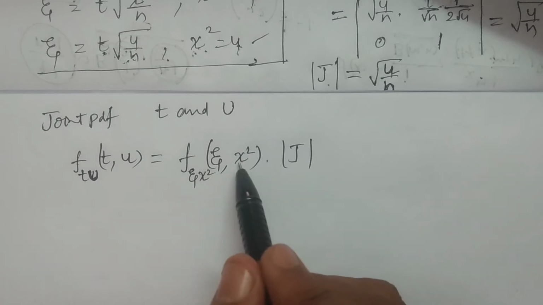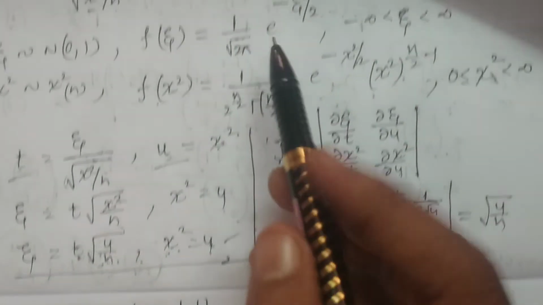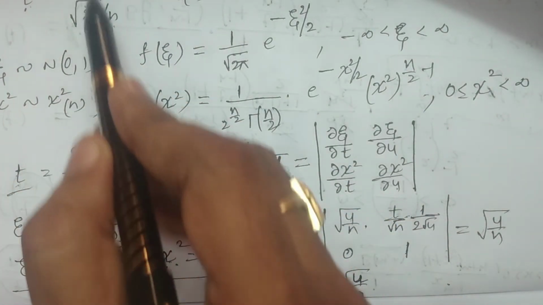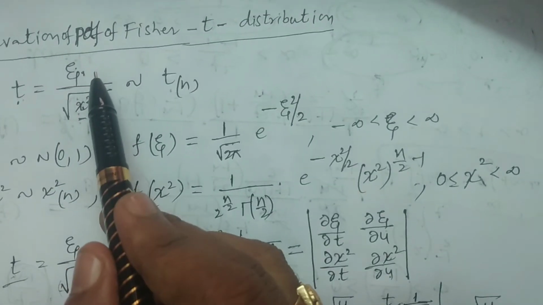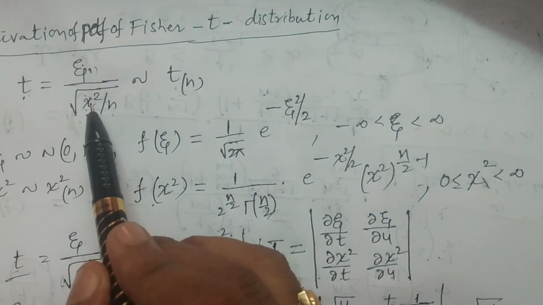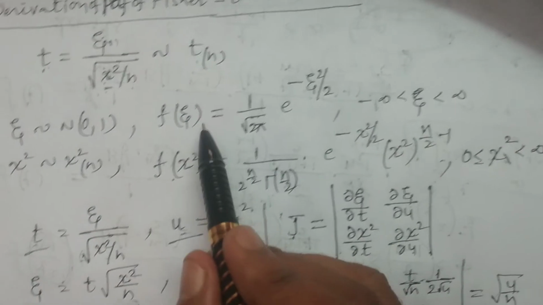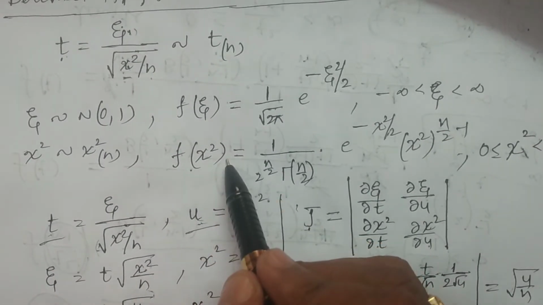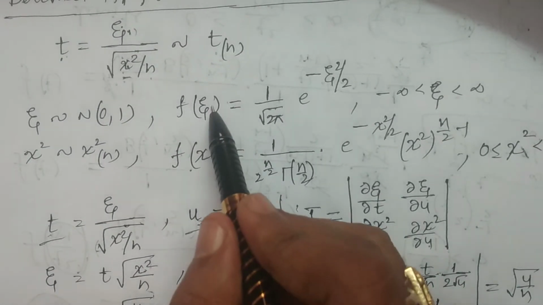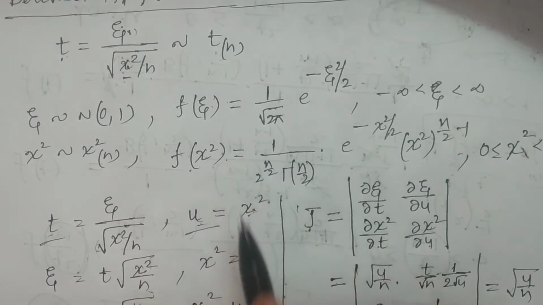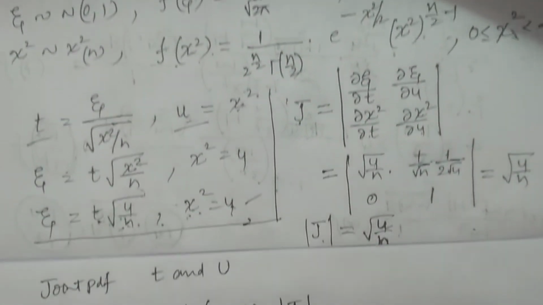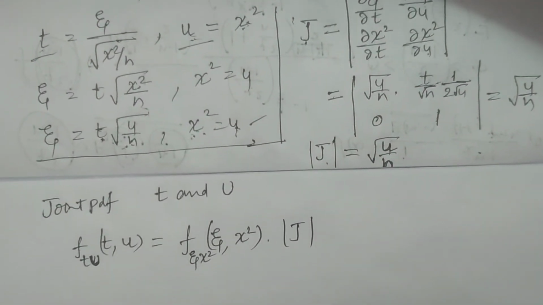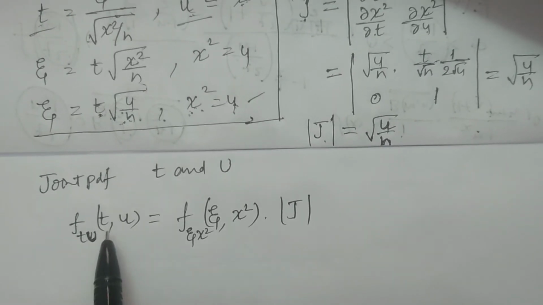These are the distributions we have also written. We have considered xi and chi square in the formula of t, which are known variables, for which the PDFs we have written, f of xi and f of chi square. Always remember xi and chi square are known variables, for example x and y, and t is the only unknown variable.